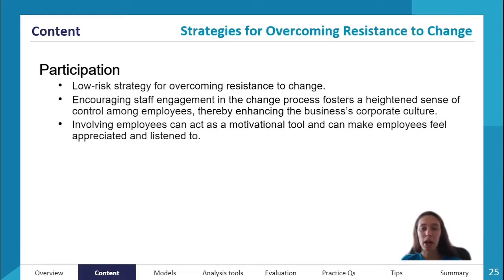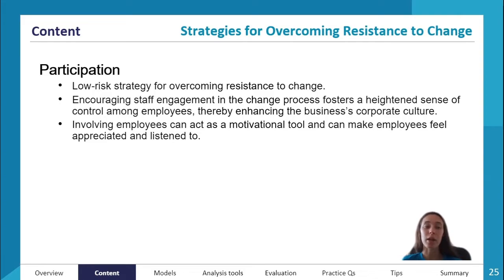Another low risk strategy for overcoming resistance is participation. And so this is more of that active kind of involvement. We saw earlier that the participative management style was the most collaborative kind of style that there was.